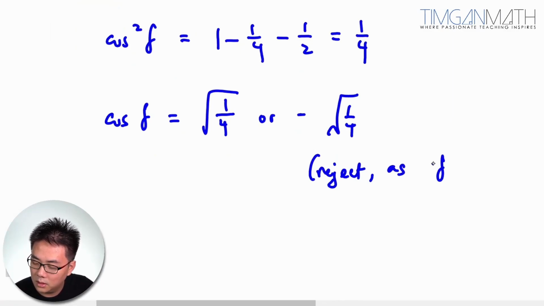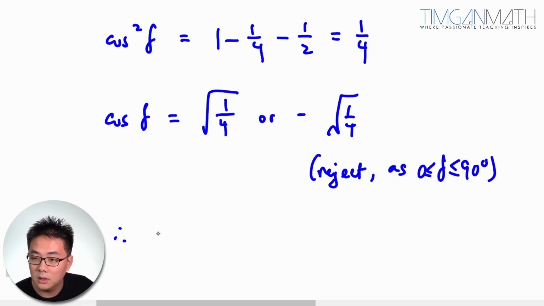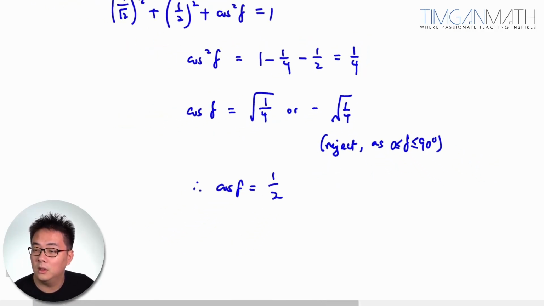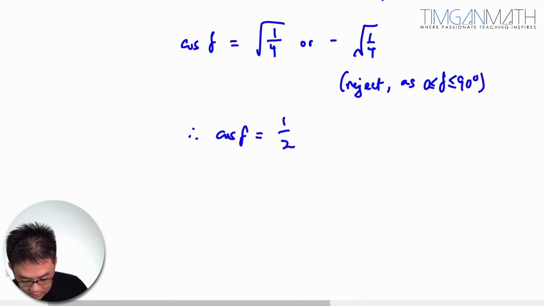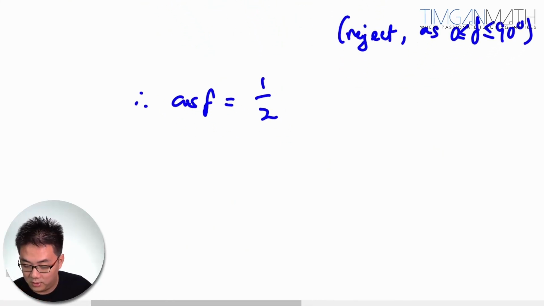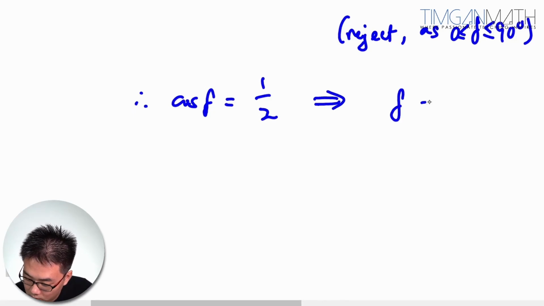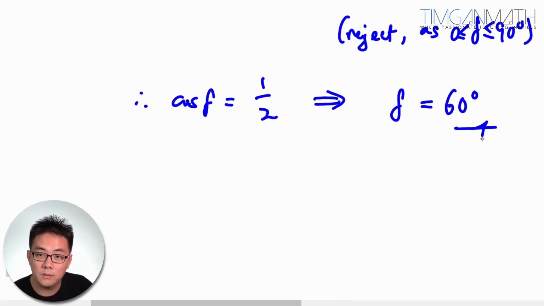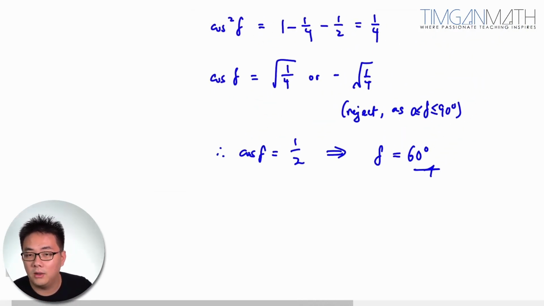Hence cosine sigma is a half, and the inverse cosine of a half gives 60 degrees.